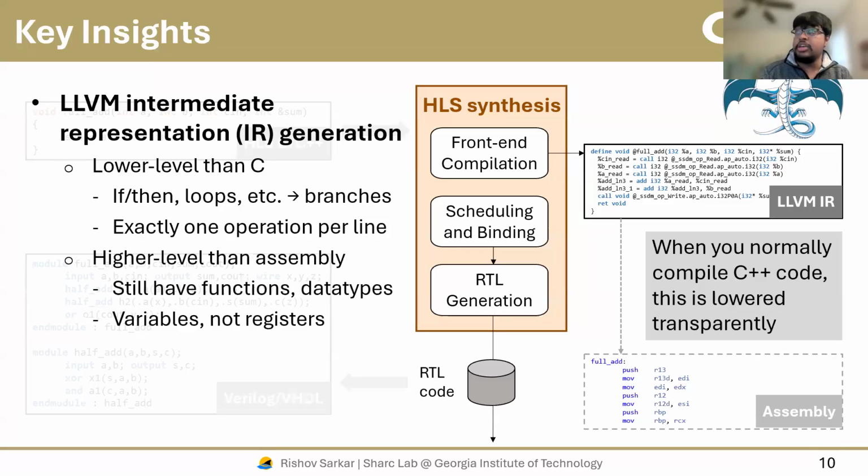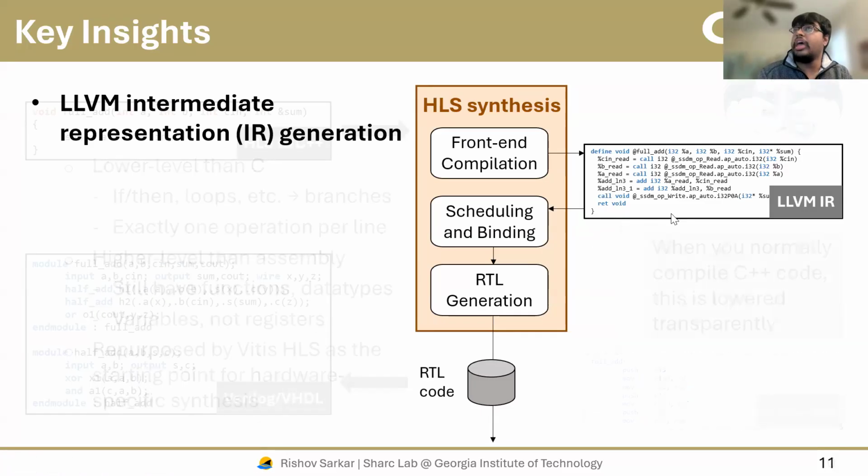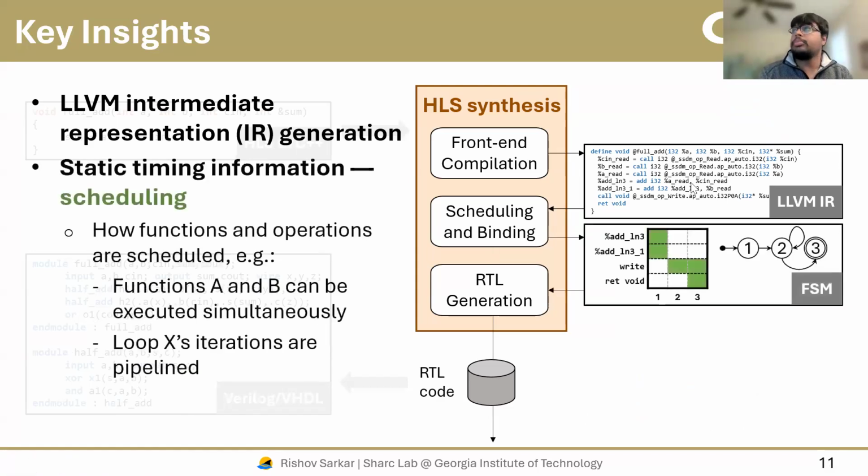For the purpose of HLS, though, we actually stop here, because the LLVM IR is repurposed by Vitis HLS as the starting point for the hardware-specific stuff that we'll get into next. So we just do the front-end compilation. We don't get the assembly instructions. We just stop here. And then with the LLVM IR, the next thing we do is scheduling.